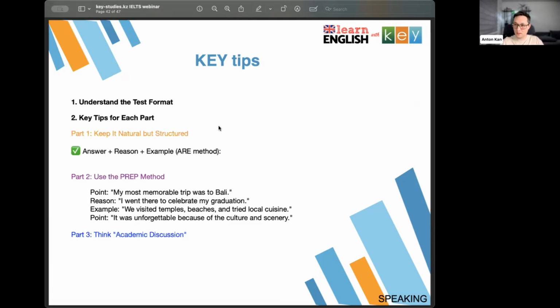Balance your opinions, use linking words or cohesive devices, if you will, and never try to memorize your answers. Actually, first, it's difficult to predict what kind of topic you're going to get in your test, and also examiners usually spot this. So it's a very bad idea.